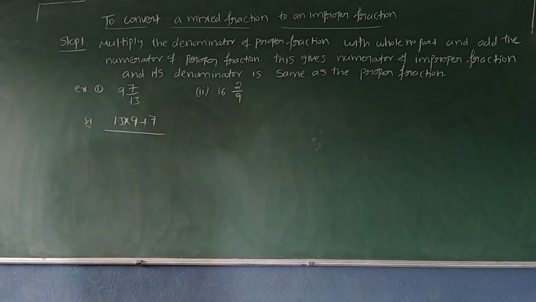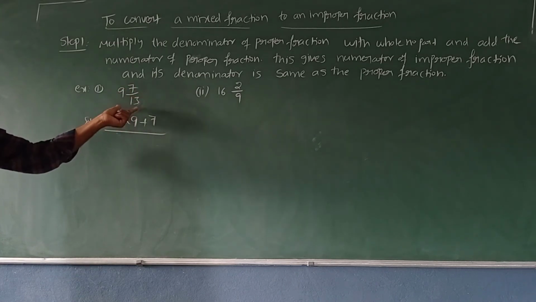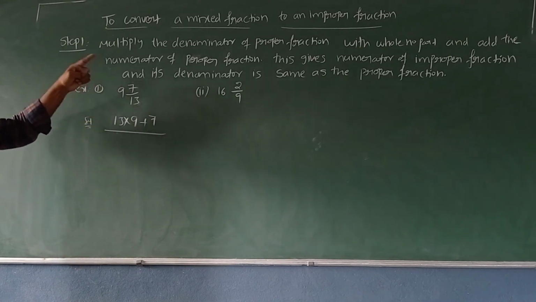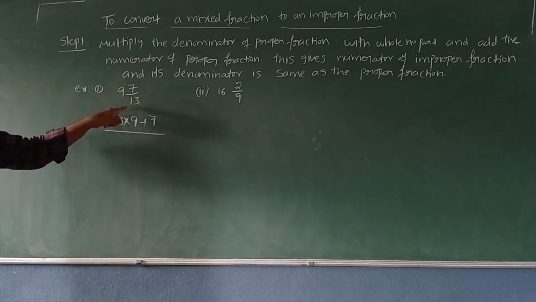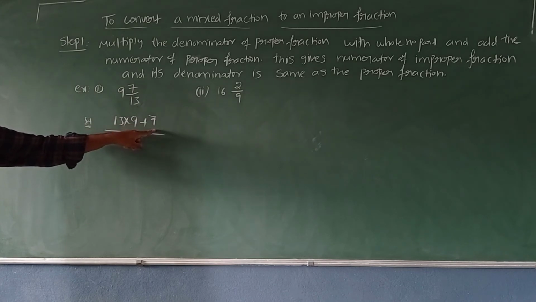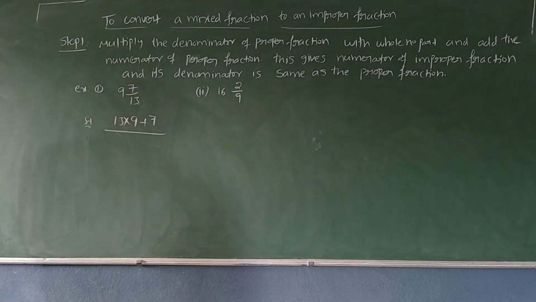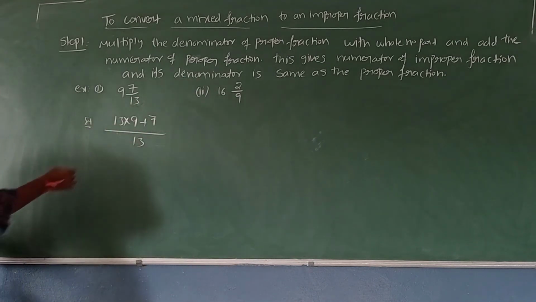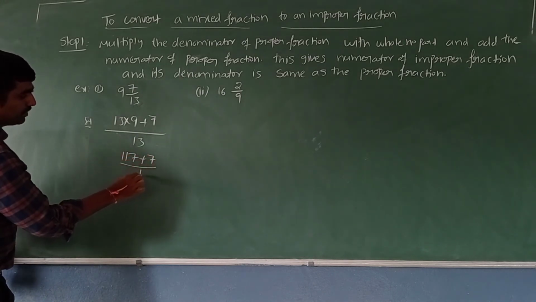Hope it is clear. The whole number part and the proper fraction part together are called a mixed fraction. While converting this mixed fraction into an improper fraction, multiply the denominator of the proper fraction with the whole number part and add the numerator, which becomes the numerator of the improper fraction, keeping the same denominator 13. 13 9s are 117, plus 7, by 13.